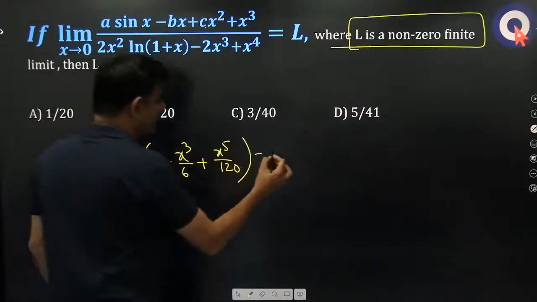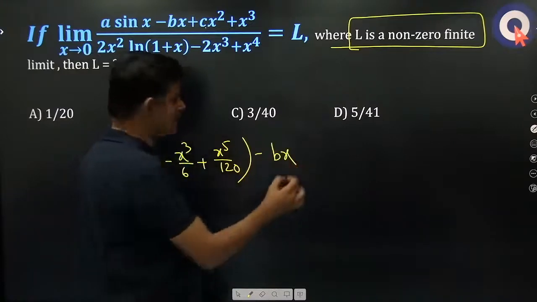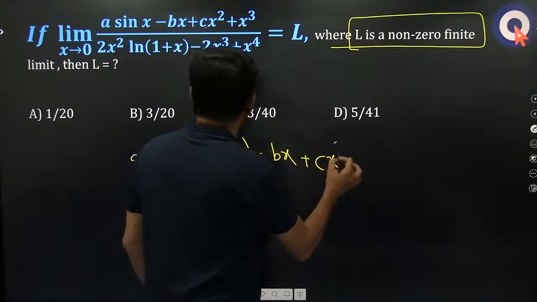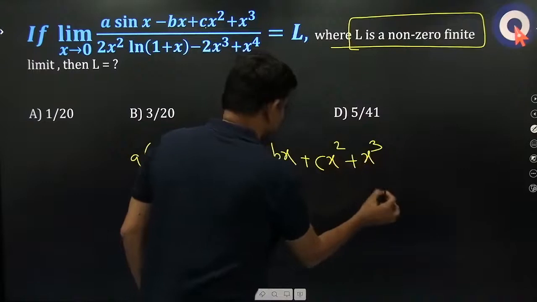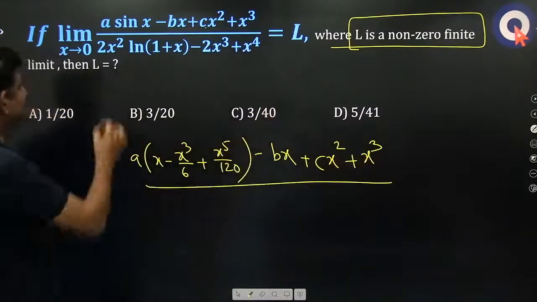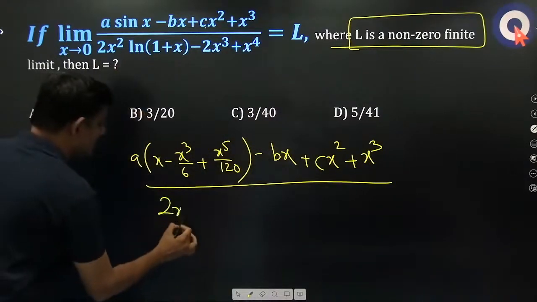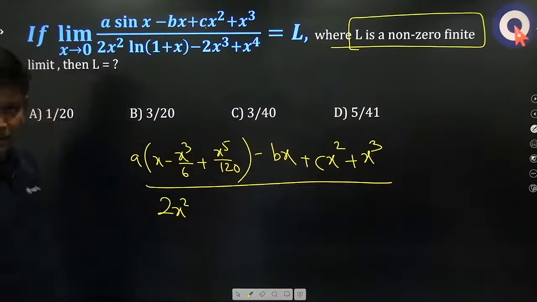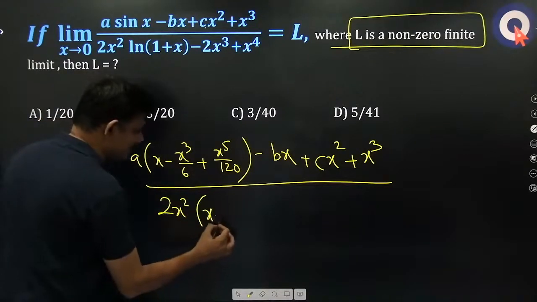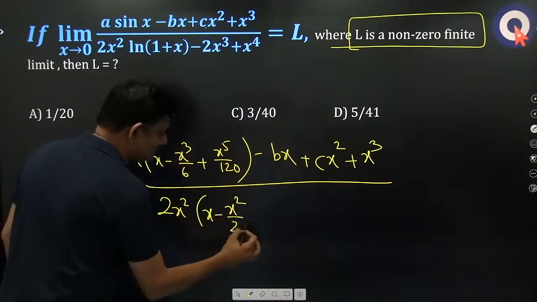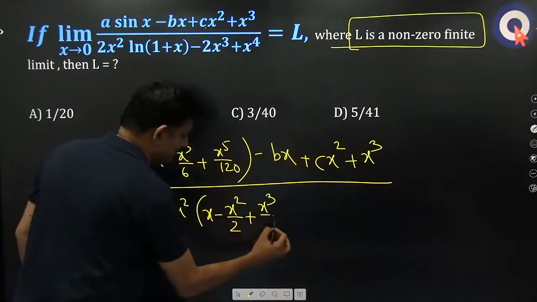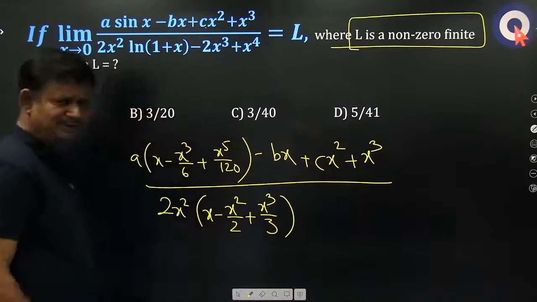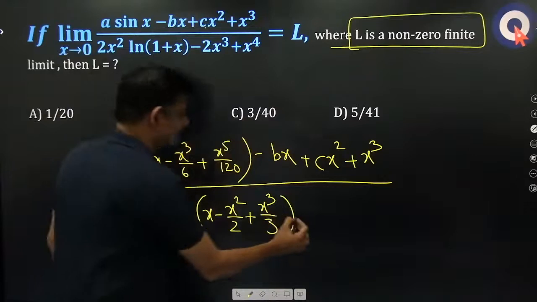If need be, I will write the remaining: minus bx plus cx square plus x cube, divided by 2x square, into, what is the expansion of log of 1 plus x? It is x minus x square by 2 plus x cube by 3, and so on. If need be, I will write the rest, otherwise not.